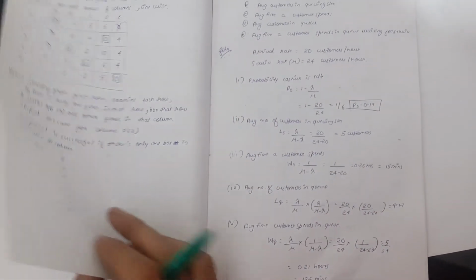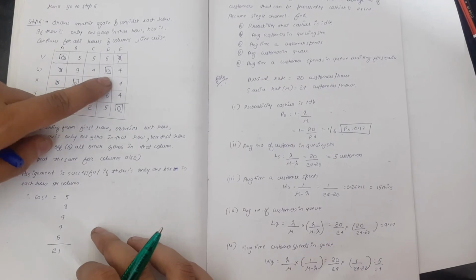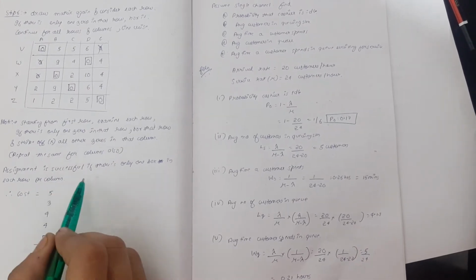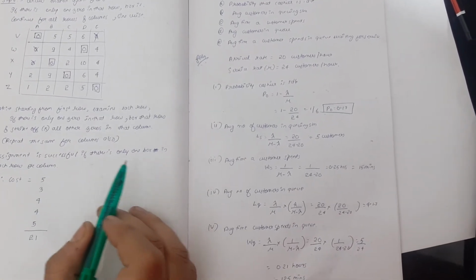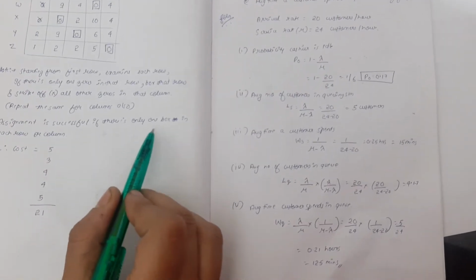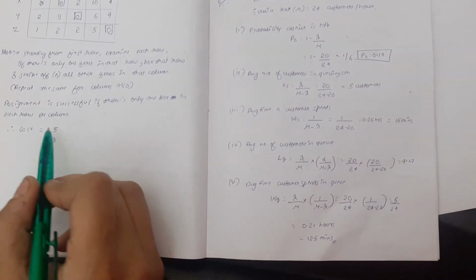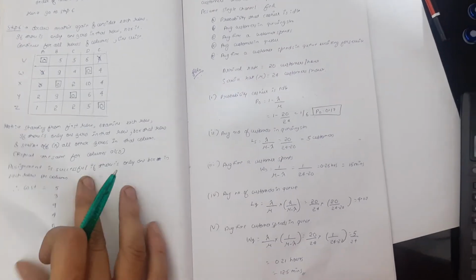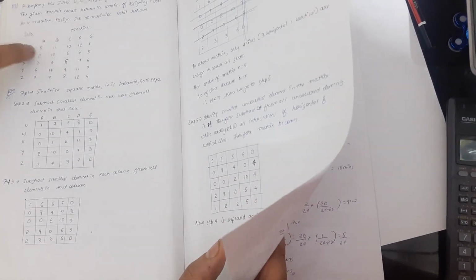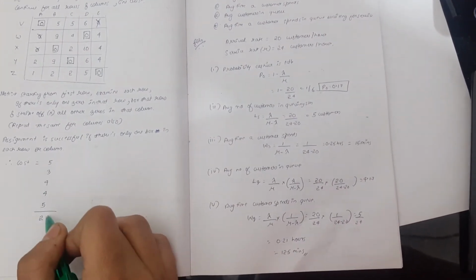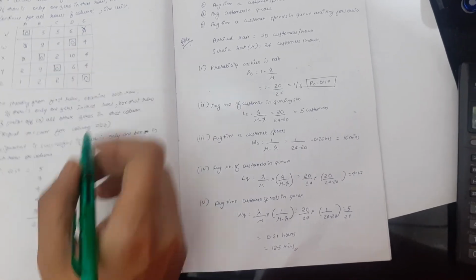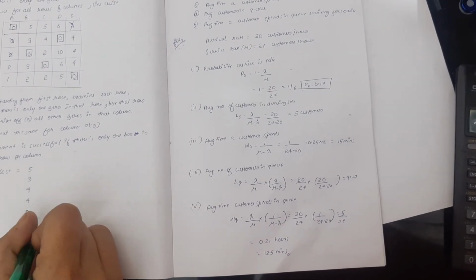For this 0 we have 5, and for this 0 we have 3, and similarly for the others. The assignment is successful only if there is exactly one box in each row and column. The elements equivalent to these zeros we note down again and calculate the total cost. Taking these elements from the original matrix, we get the answer as 21.